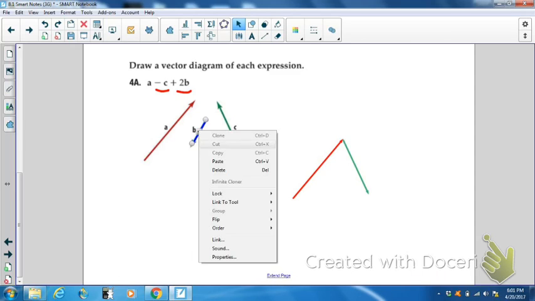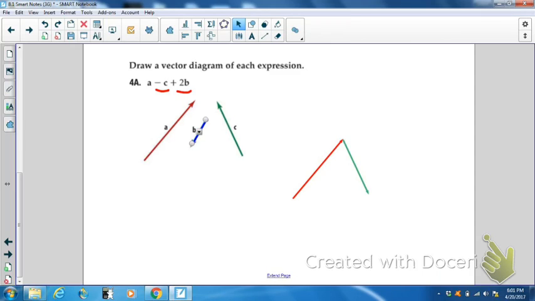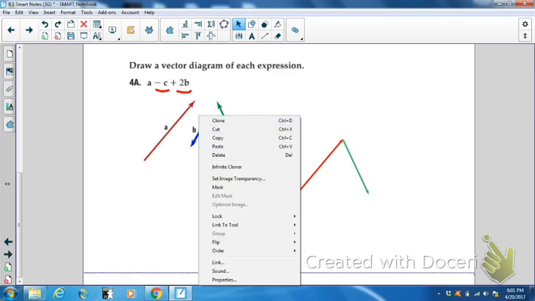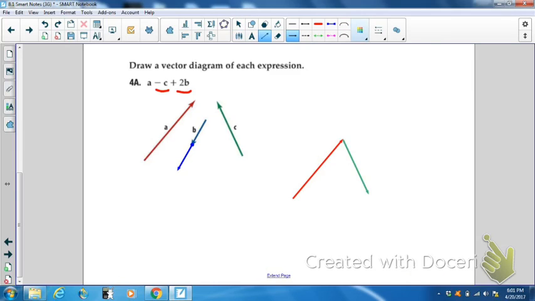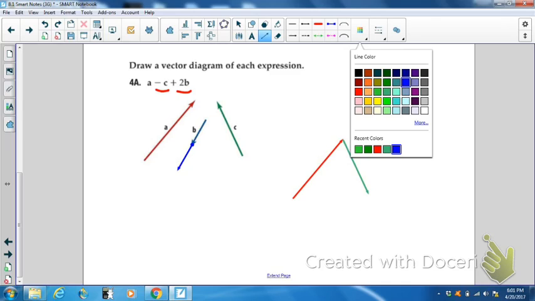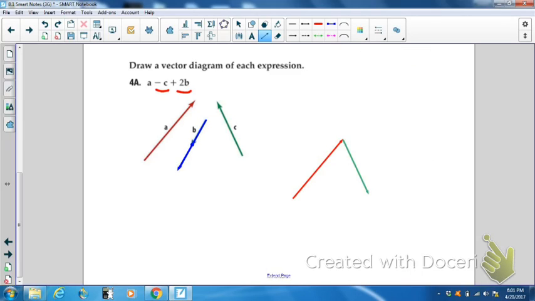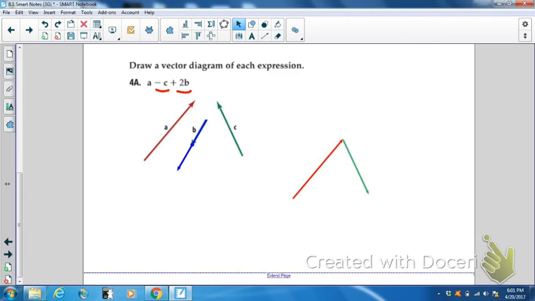And then so I'm going to do a big one. We've doubled it. Okay, so that would represent 2b. And we'd attach it on the end of c.